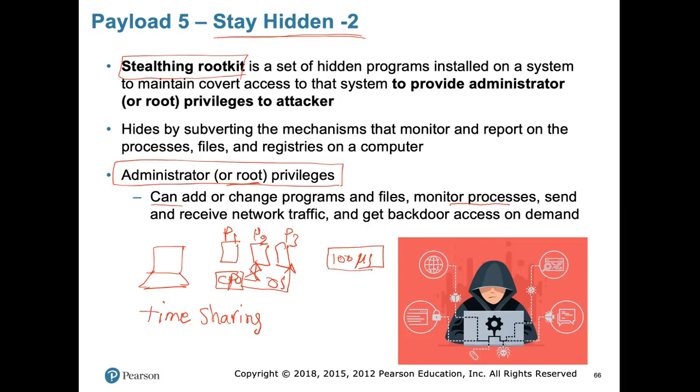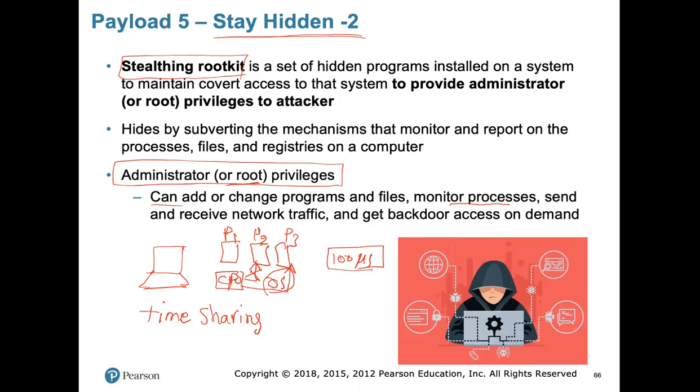kind of action that we call the transition or context switch between different processes is a very low level and high privilege operation that only the operating system is supposed to be able to do. But when you get the root access, the application that has the root access might be able to even invoke the system calls that do the context switching.